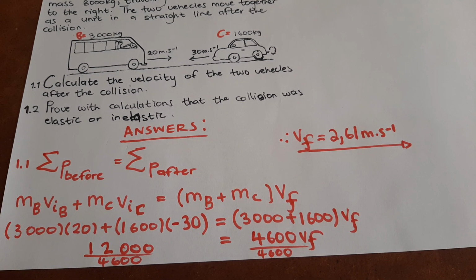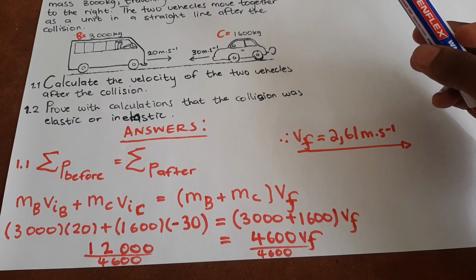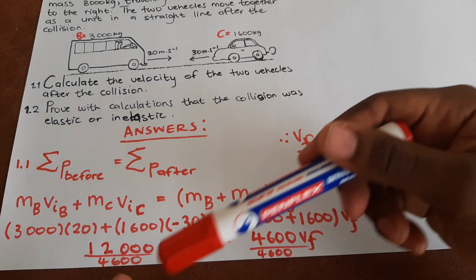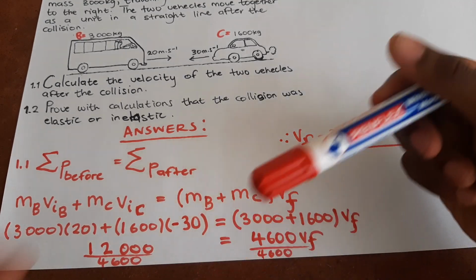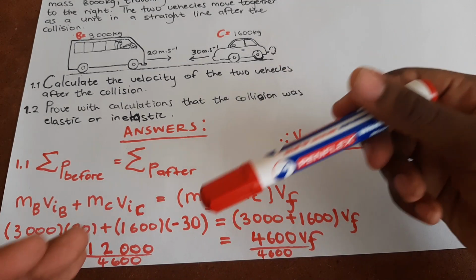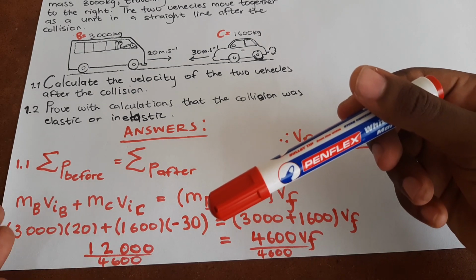There's something that came to my mind that I should tell you. When you have two moving objects, moving in opposite directions just before the collision, meaning one car or object is moving to the right and one is moving to the left, you have to choose one which is going to be negative.